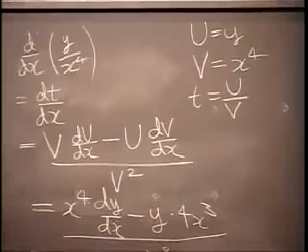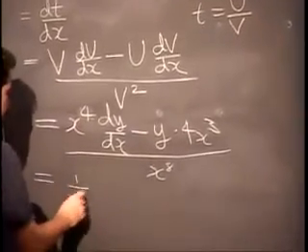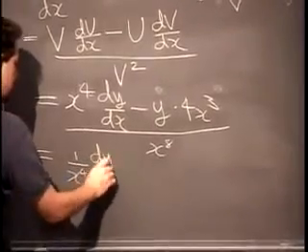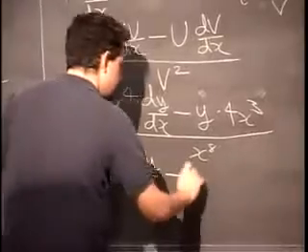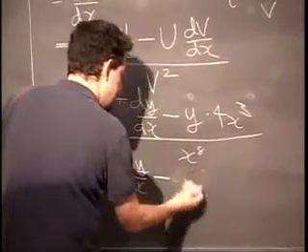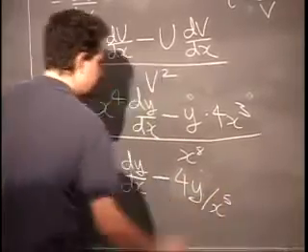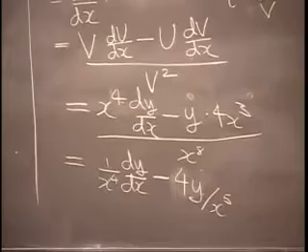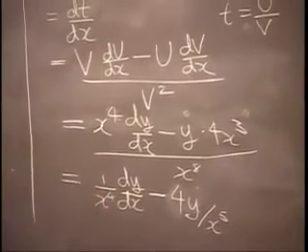And I guess we should simplify this to 1 over x to the 4th dy dx minus 4y over x to the 5th. Oh man, what a pain. Okay. This has to be written in here.